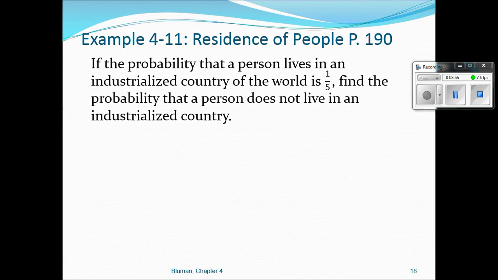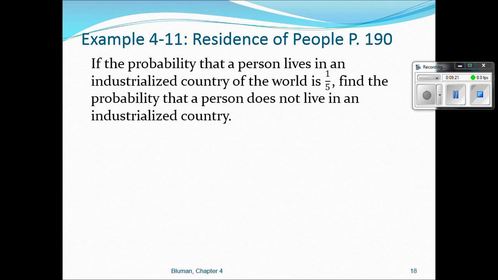So sometimes if you know the complement, or to find the complement, it's easier to use the initial probability. For instance, if the probability that a person lives in an industrialized country of the world is 1/5, so 1/5 of the people in the world live in an industrialized country, what's the probability that a person does not live in an industrialized country?